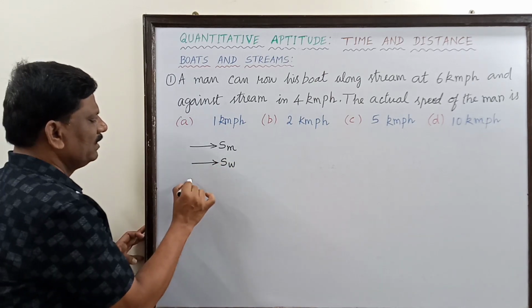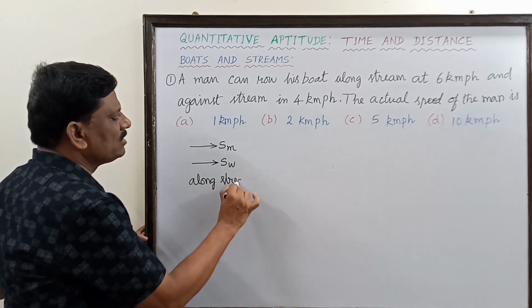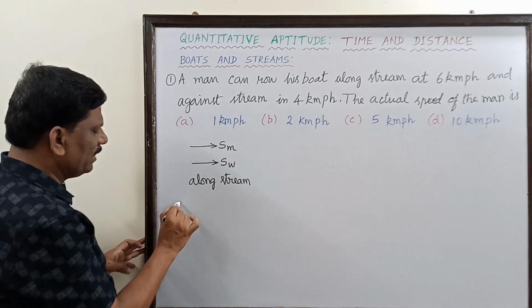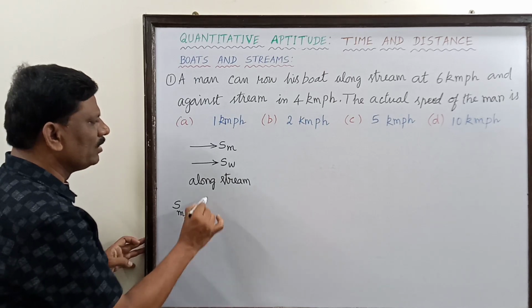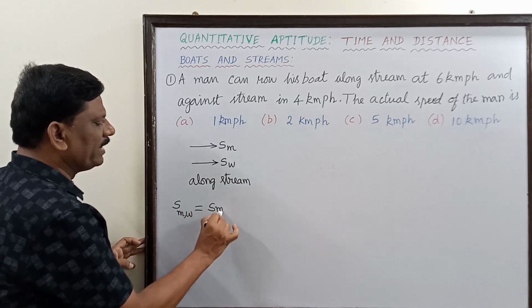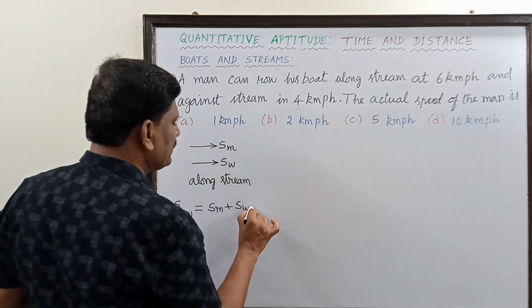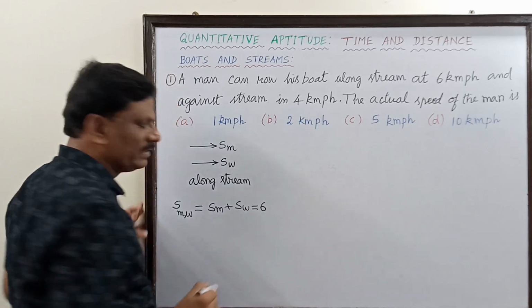So here along the stream, this is called along stream. In this case the speed of the man with respect to water is equal to the actual speed of the man plus the speed of the water. And this is given as along stream his speed is 6 km per hour.